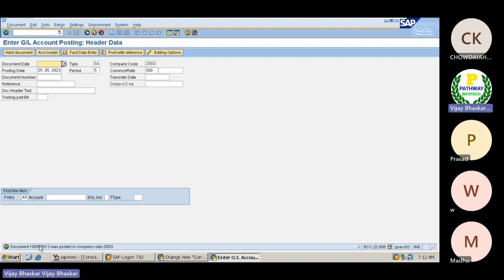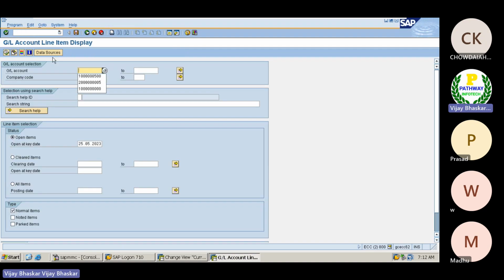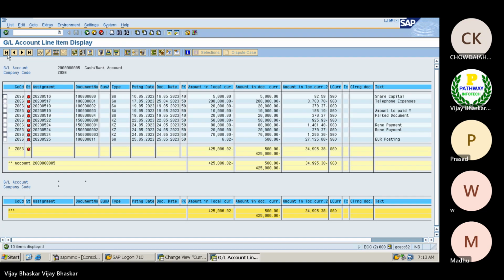Now the documents which are posted in the system, let us see the line items. Execute here. Today we have posted one document on the 25th.